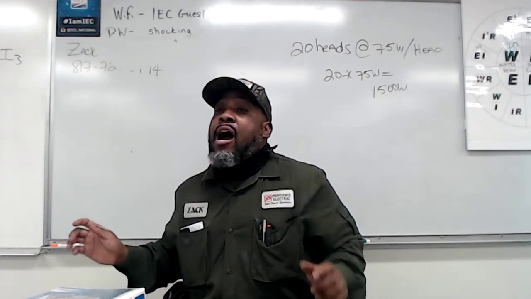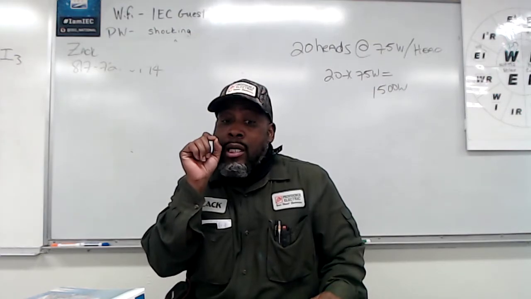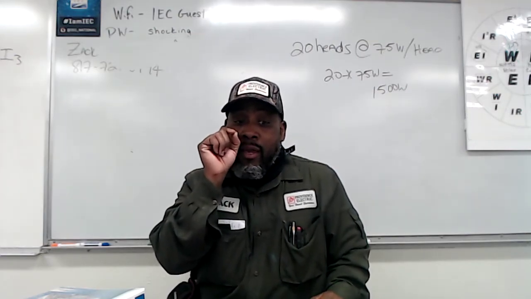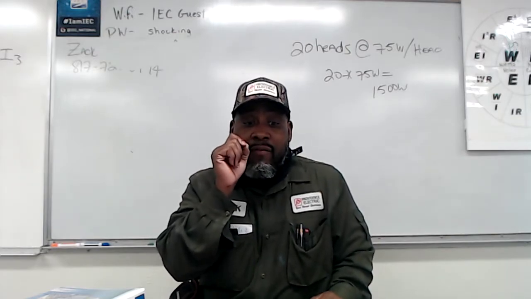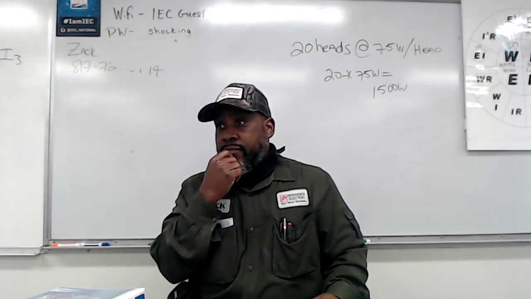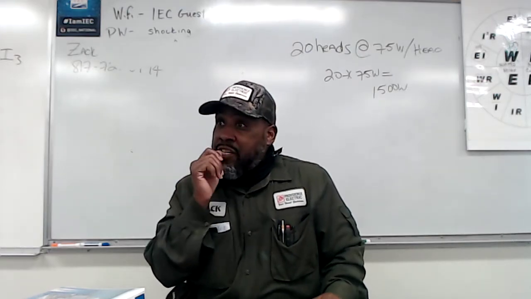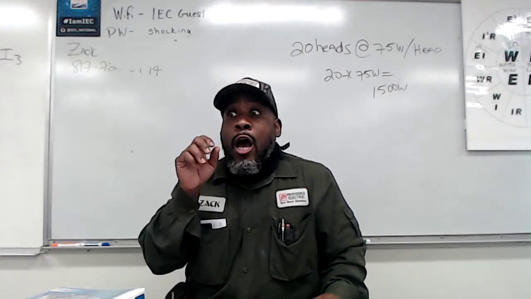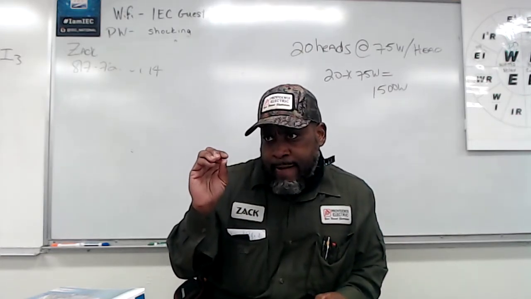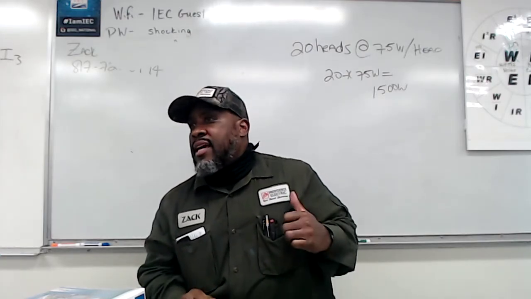What I did on my homework, because I'm not very smart, I numbered them. 1, 2, 3, 4, 5, 6, 7, 8. So I'm going to put 8 light bulbs in 8 fixtures. Those light bulbs are rated at 90 watts apiece. Now, what size dimmer would hold that? Is it not the same question?